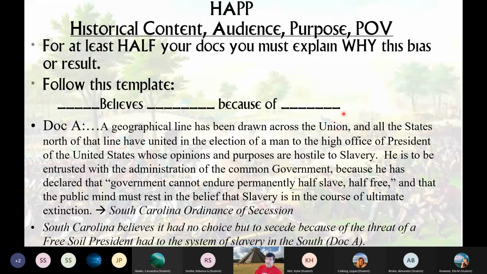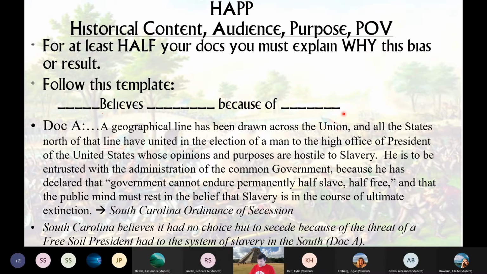So there I laid out, that kind of talks about purpose. I even add some historical context or point of view. You need one of those four things. You don't need them all, just one example of them: historical context, or purpose, or point of view, or audience. I'm a big believer in purpose or historical content. I always think in terms of historical content, but that's an example of the one sentence.